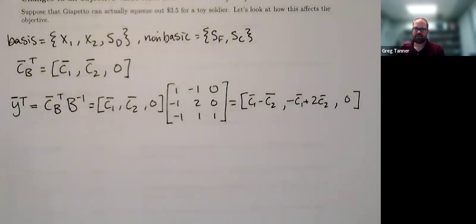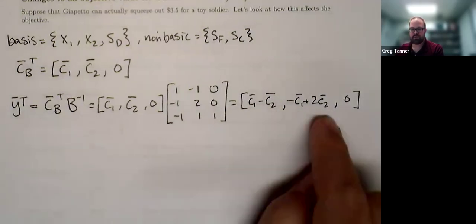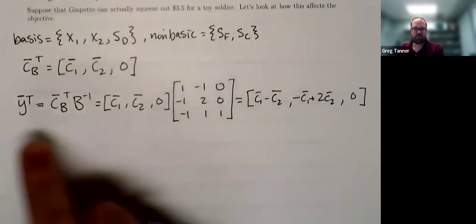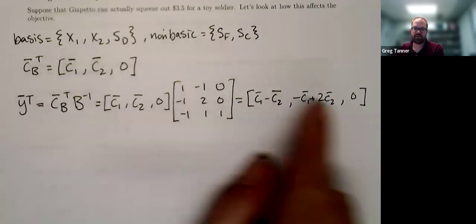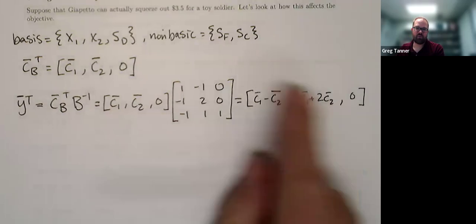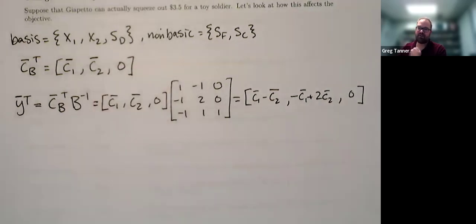Okay, and so it turns out in this scenario, no matter what we choose for C1 and C2, the dual variable corresponding to the demand constraint is 0. And that's because the slack for demand is in our basis, and so that means that there is some slack for that constraint, which means that constraint is not active.